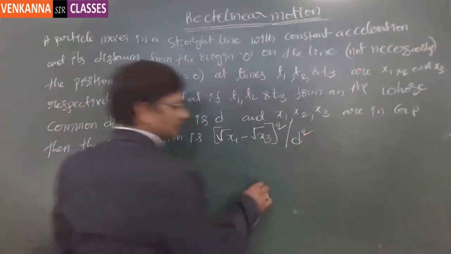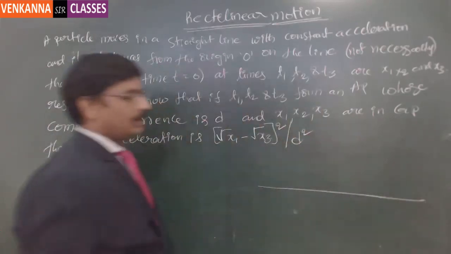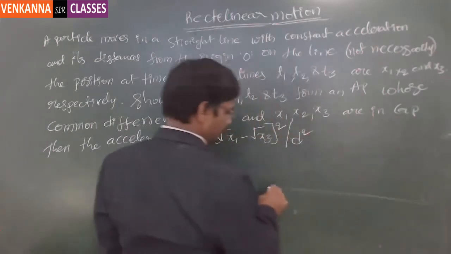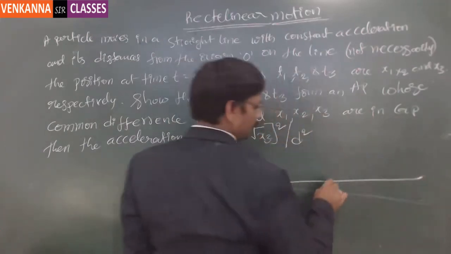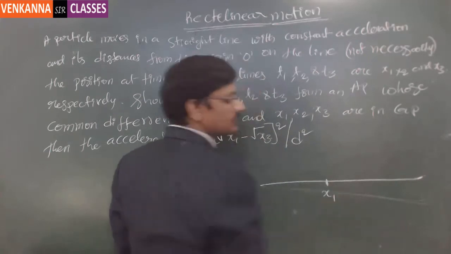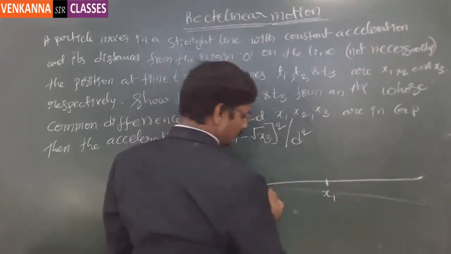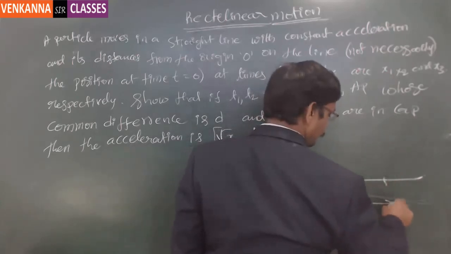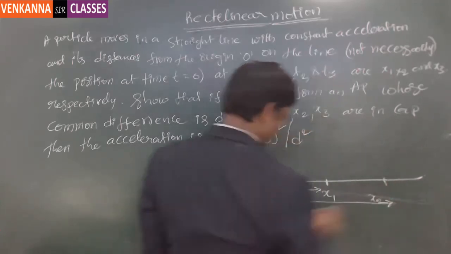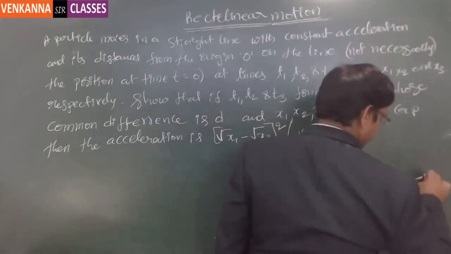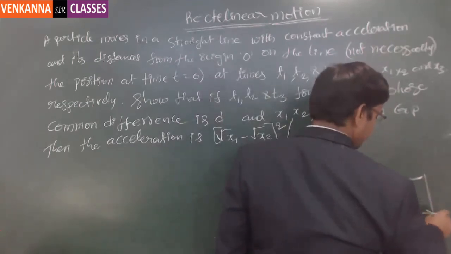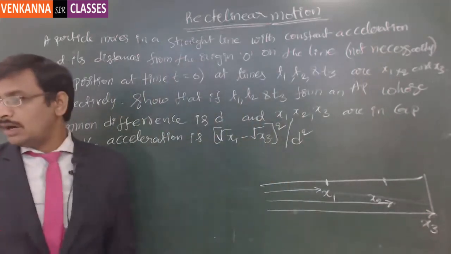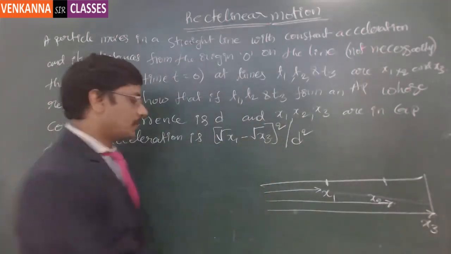Let us say this is the straight line on which the particle is traveling. On this line, the particle is at different locations. This is at a distance of x1, from here to here. Now this is at x2 and this is at x3.